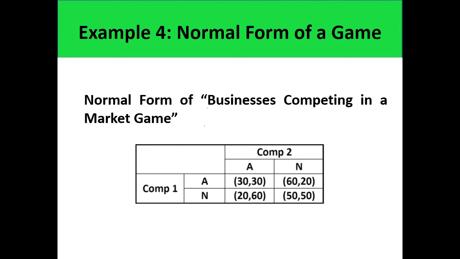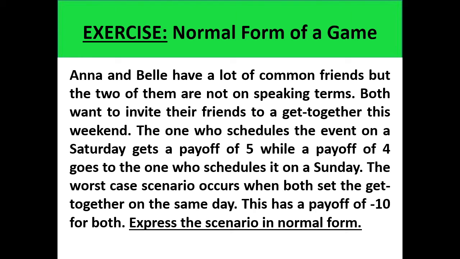Now as an exercise, I want you to construct the normal form of this game. So let's read the game. Anna and Belle have a lot of friends in common, but the two of them are not on speaking terms. Both want to invite their friends to a get together this weekend.